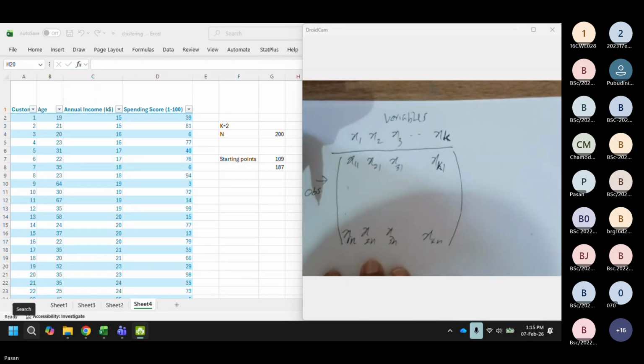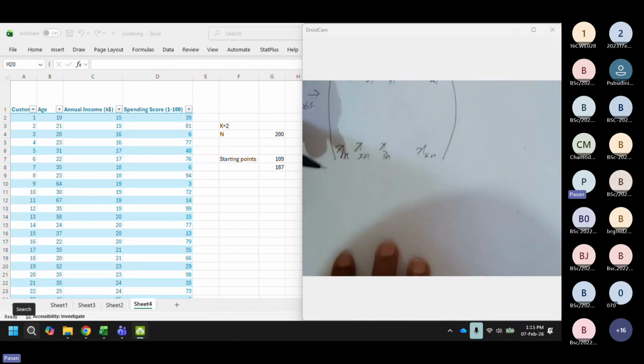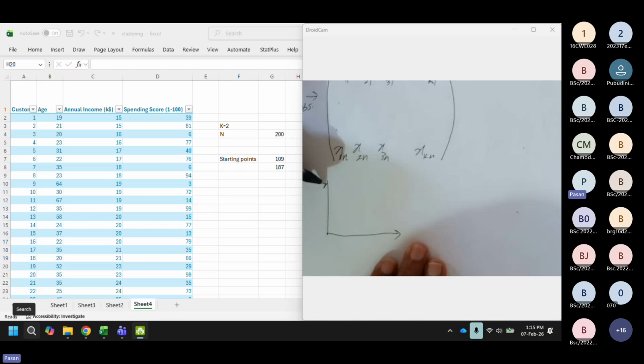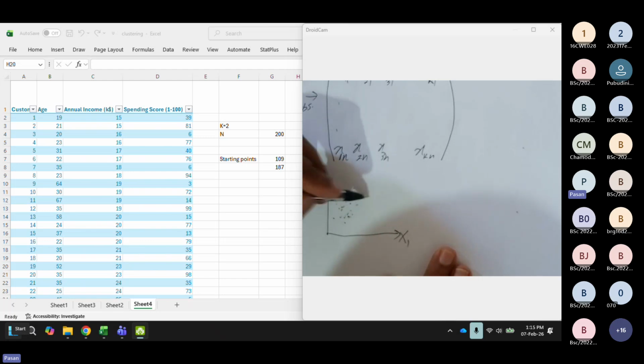Now if you look at taking two variables at a time, say x1 and x2, once you plot them, sometimes you might see that they have certain properties like that, right? Then you can see they can be put into two groups and so on.